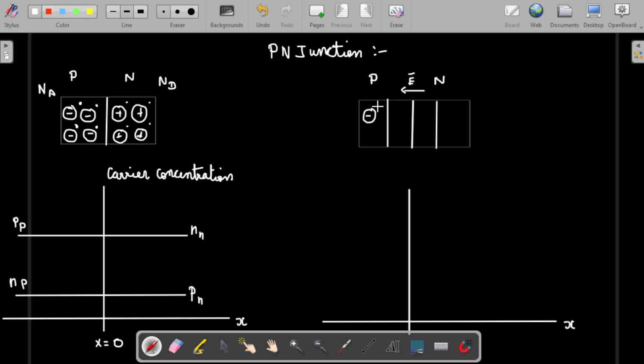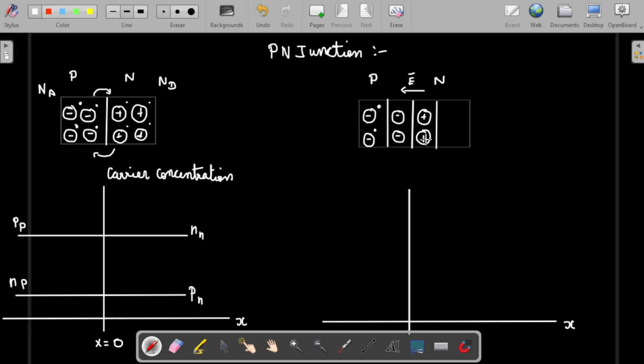Here is how the depletion region is formed: the holes from here are diffusing to this side and the electrons from here are diffusing to this side. This causes a depletion region, and the charge neutrality condition is lost here.